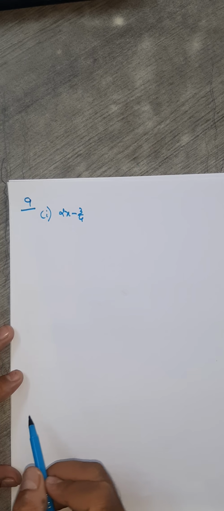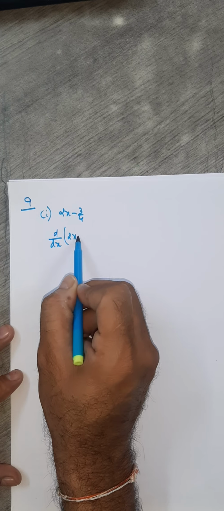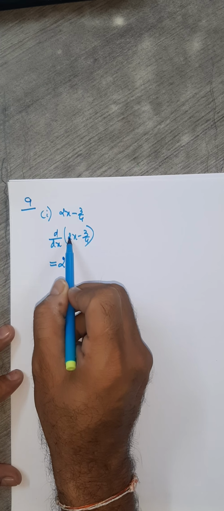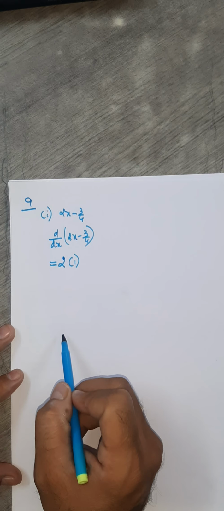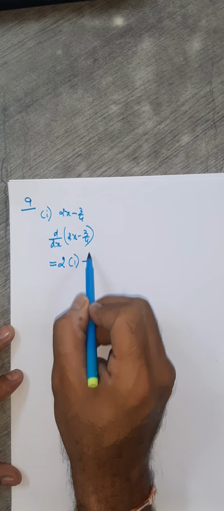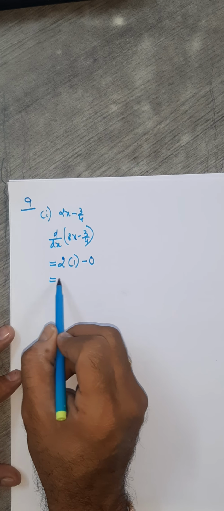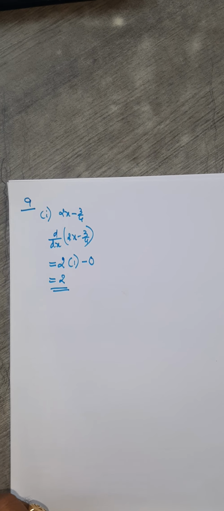Find the derivative of this. So we want d by dx of 2x minus 3 by 4. 2 being constant with the function as it is. What's the derivative of x with respect to x? 1. Minus 3 by 4 being constant alone, derivative is 0. So required derivative is just 2. Fine.